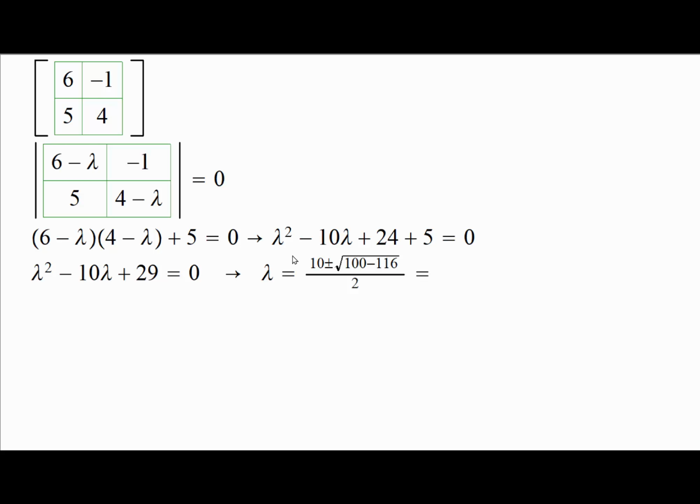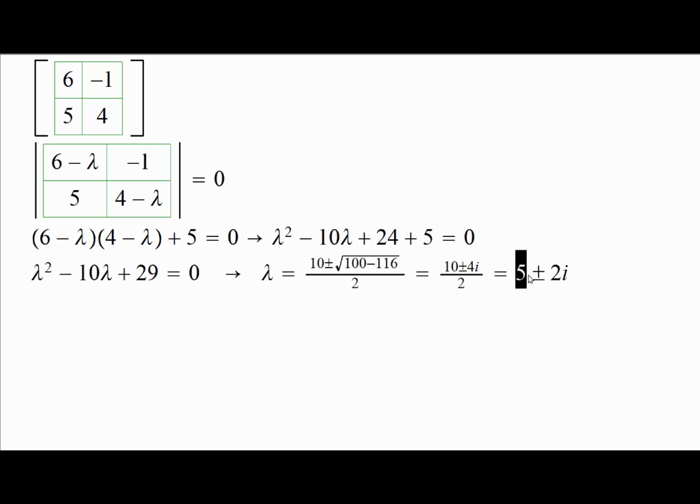So we get 10 plus or minus the square root of -16, which becomes 4i. So our eigenvalues are going to be 5 plus or minus 2i.